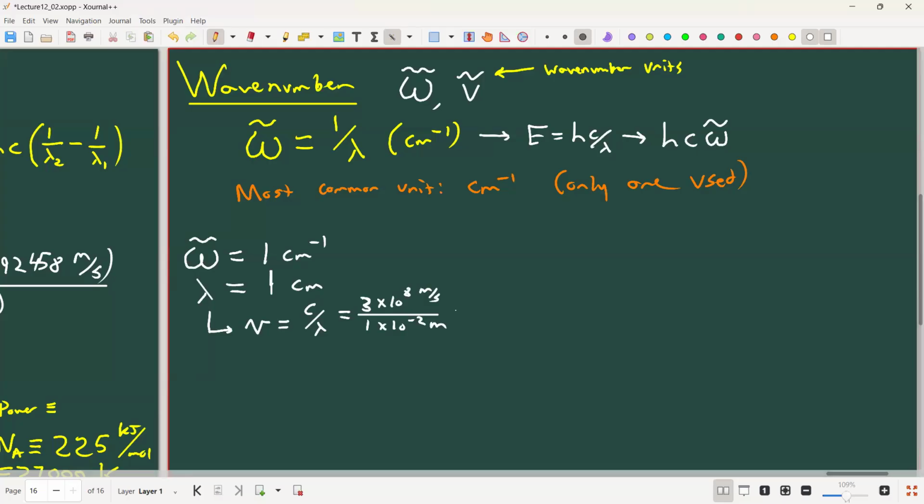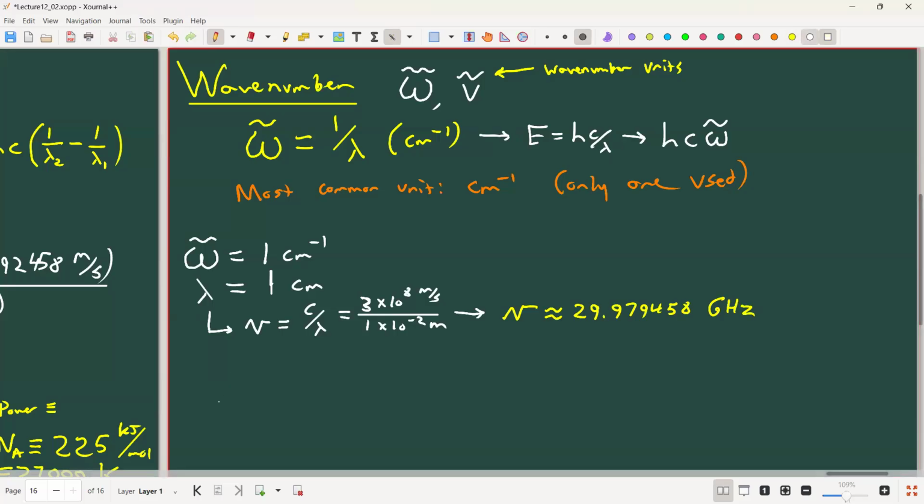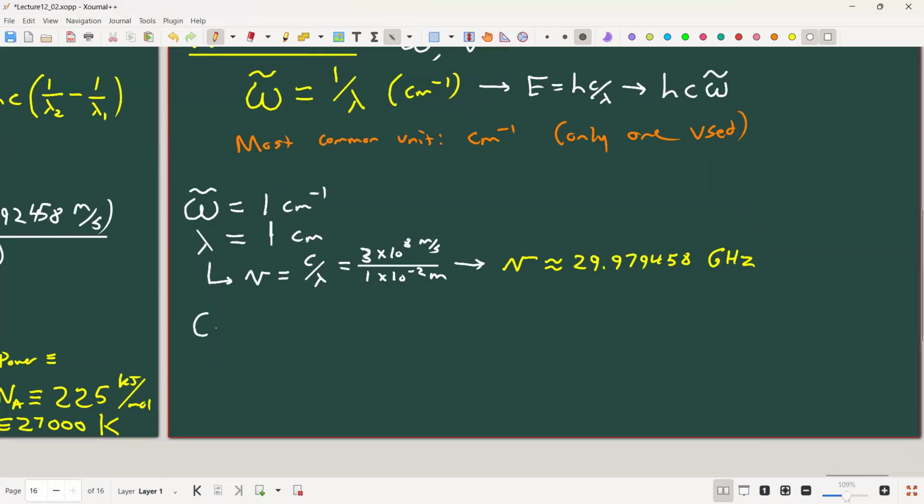It's a centimeter. And this means that the equivalent frequency turns out to be exactly 29,979,458 gigahertz. So what we often say, what we can do is make a conversion here. You can do a conversion chart here.